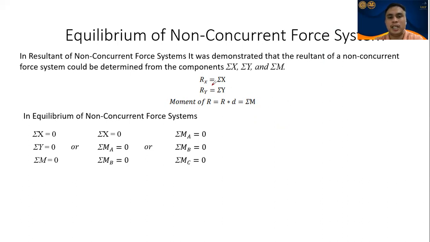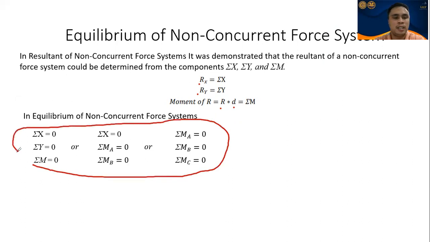So, the resultant Rx, class, equals summation of forces in X and the resultant in Y component equals summation of forces in Y. So, the moment of R equals the resultant times the perpendicular distance, which is also equal to summation of moment. So, in equilibrium of non-concurrent force system, these are still the equations you will use in solving our equilibrium of force system, class. So, you know which equations you will use. Okay?